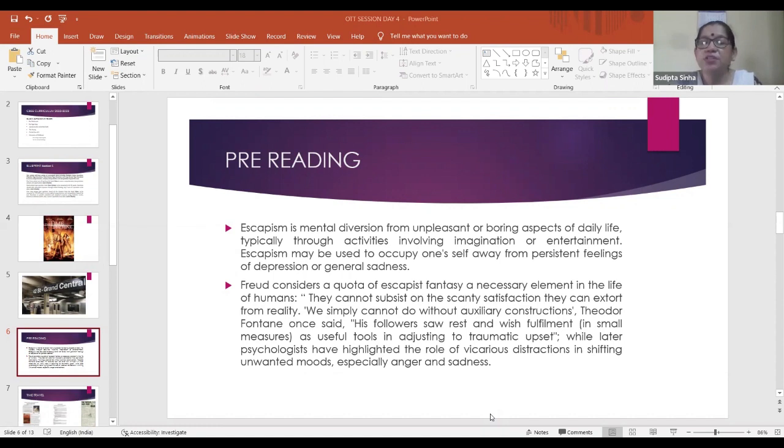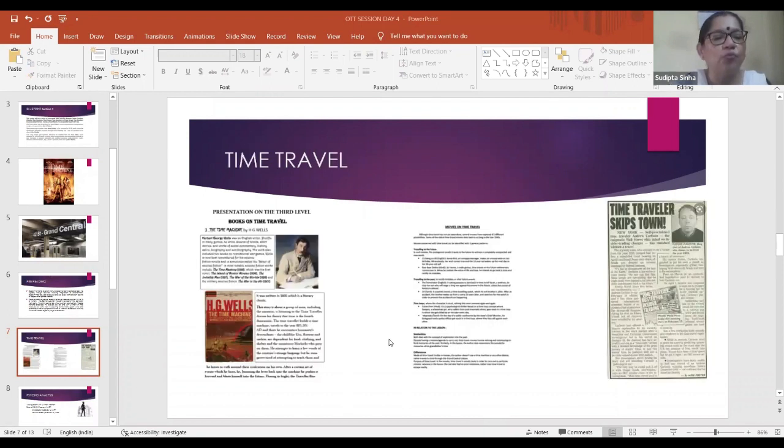Freud and Fontaine, these are the stalwarts in the field of psychology, and they have also accepted that escapism is very, very common, and it has become increasingly a malady in the modern man. This is a disease from which modern man, a little bit or sometimes as acute as Charlie, does suffer, because it is impossible to survive like this in this modern world. Right. With this kind of understanding, we started.